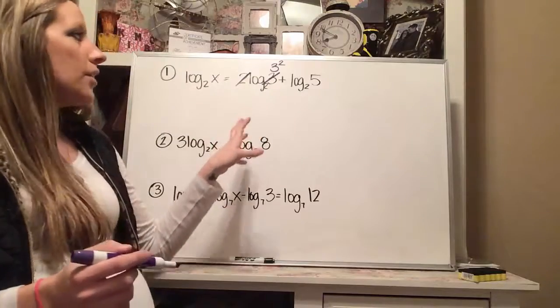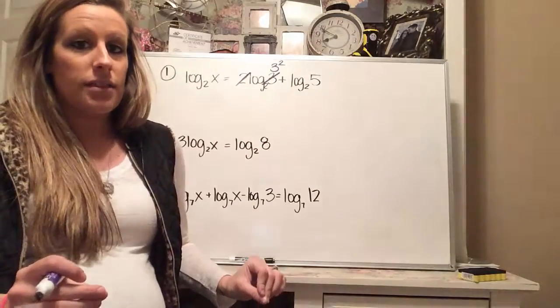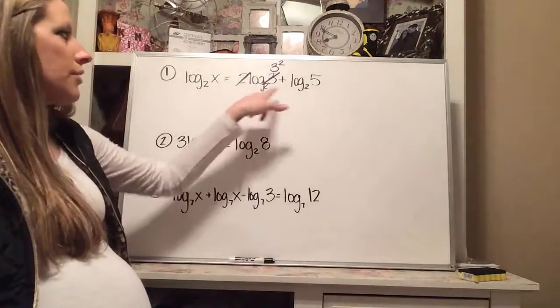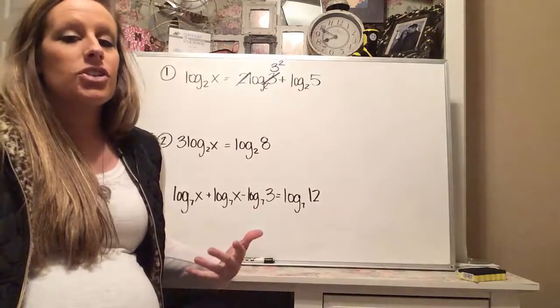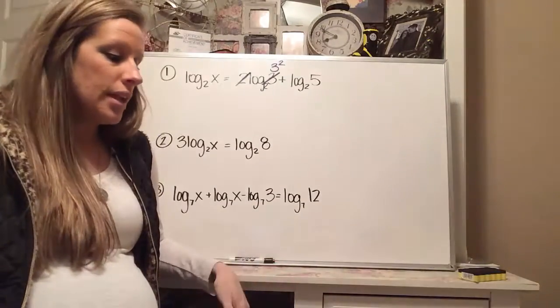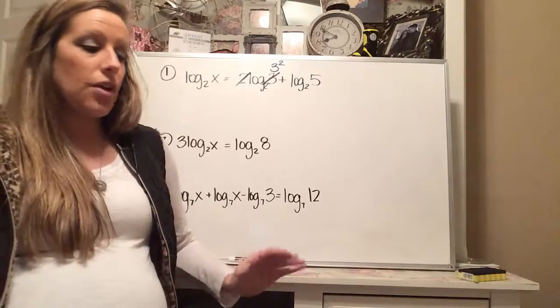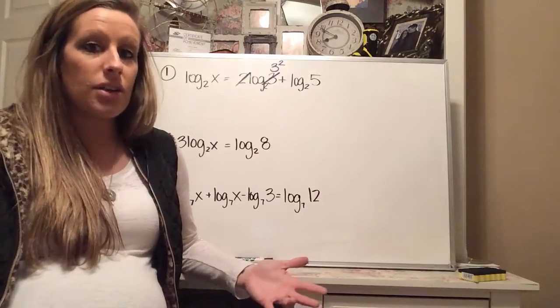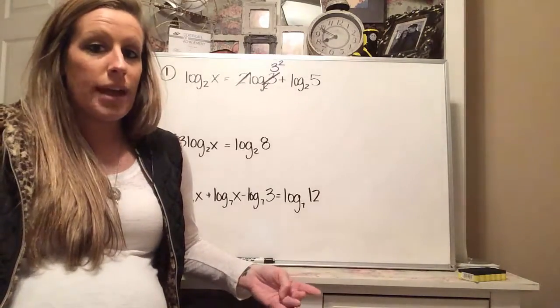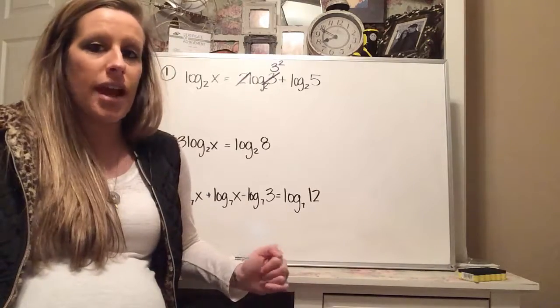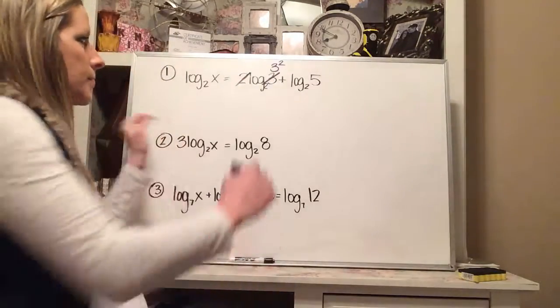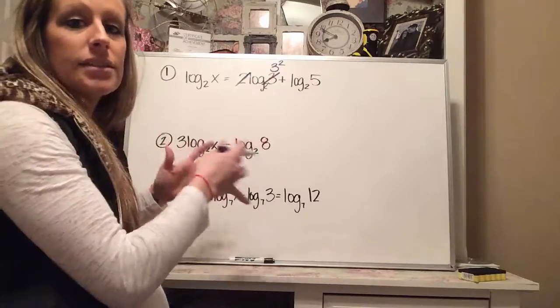Okay, now the other law of logs that applies here is whenever you're adding, you're actually multiplying. And like I said at the beginning of this video, if you don't remember these laws of logarithms, you need to get those notes back out from, I think it was yesterday that we went over these. Okay, so if we're adding, it's like we're multiplying.